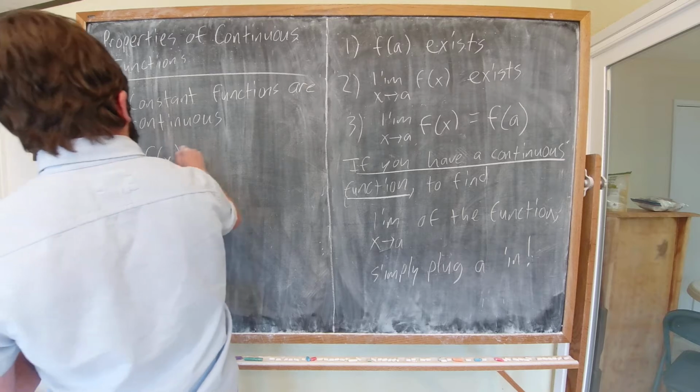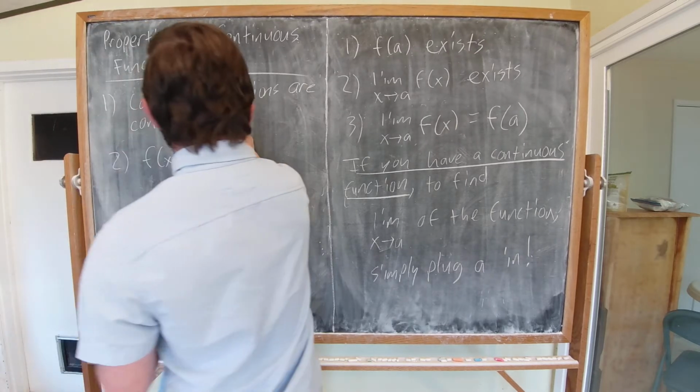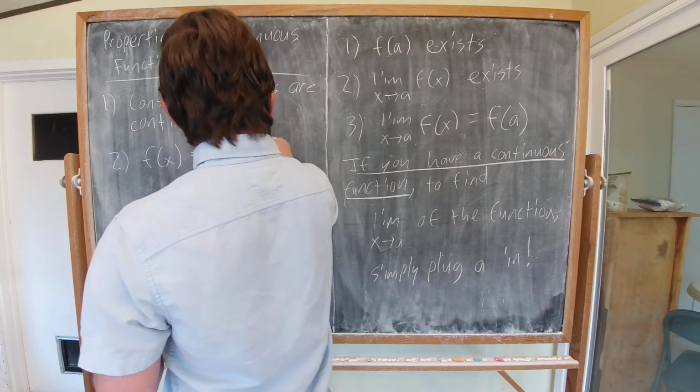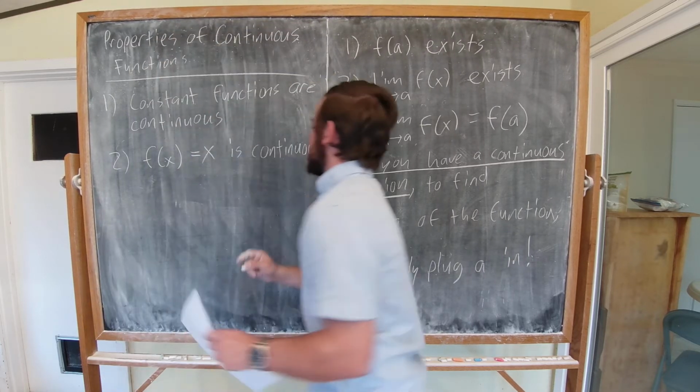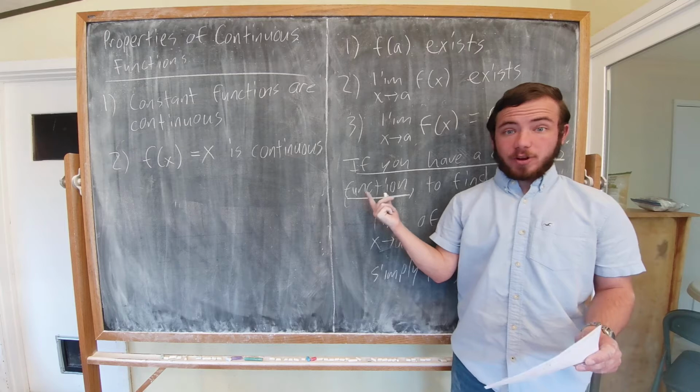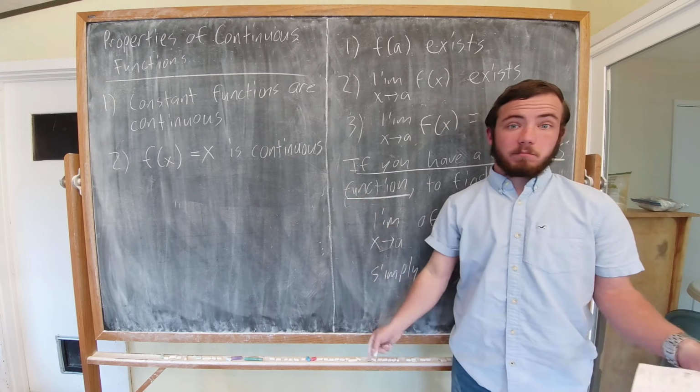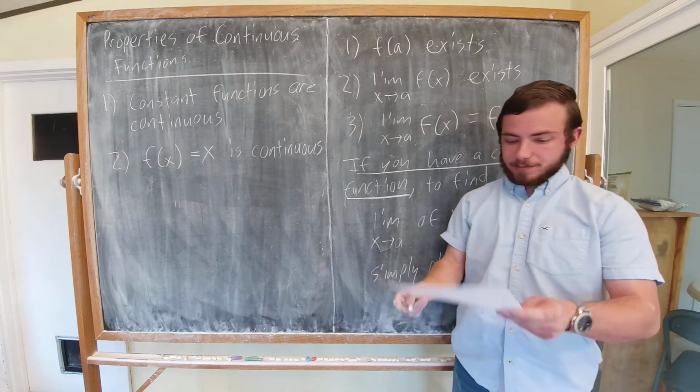Also, f of x equal to x is continuous. Again, something we should all be content agreeing to without proof. It'd be fun to prove it yourself if you want, though.